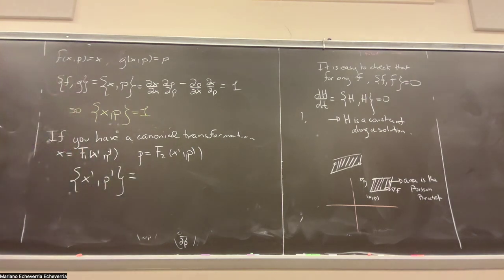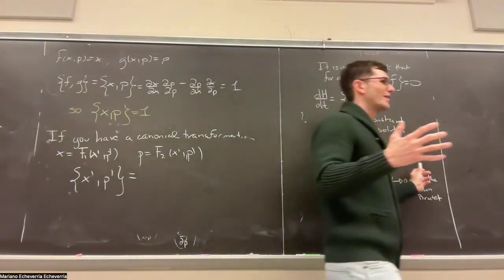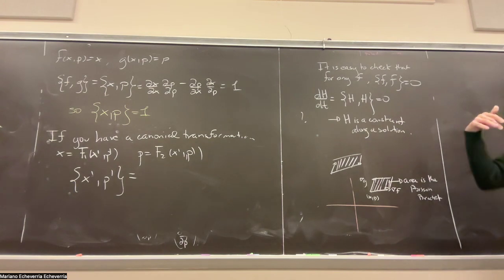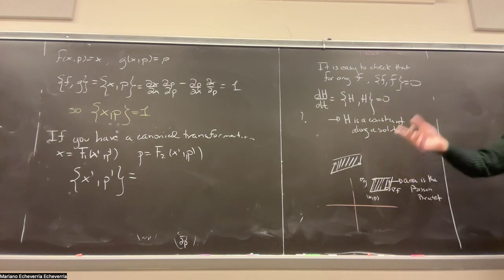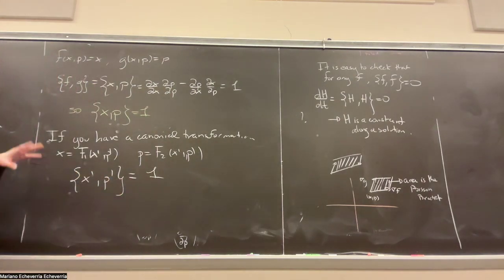All the details are in the notes, but a canonical transformation is one where the determinant of the Jacobian is one. That means the areas of the parallelograms are one, and this omega is literally measuring the area of the parallelogram. So the point of a canonical transformation is that it preserves area, so this should continue to be one. Another way to think about a canonical transformation is that it preserves the Poisson brackets.